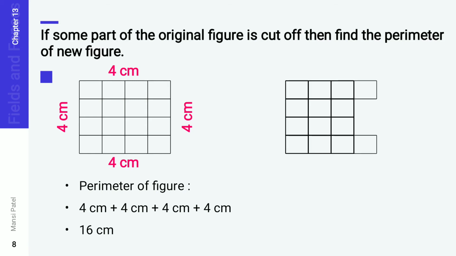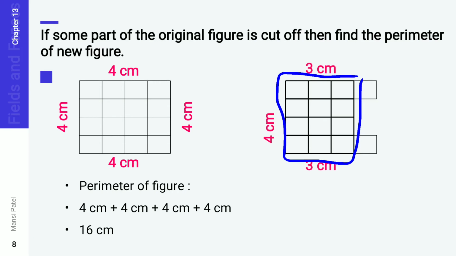Now some part of this figure I just cut. So what do you want to do? You have to first find out the perimeter of this whole shape, and the measurement of this shape is 4 centimeter, 3 centimeter and 3 centimeter. So first you add all of these, and then you add the remaining sides, that is 1, 2, 3, 4, 5, 6, 7, 8.